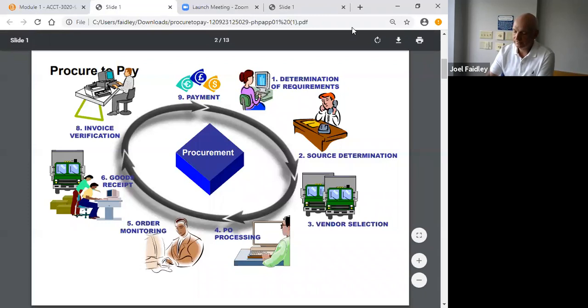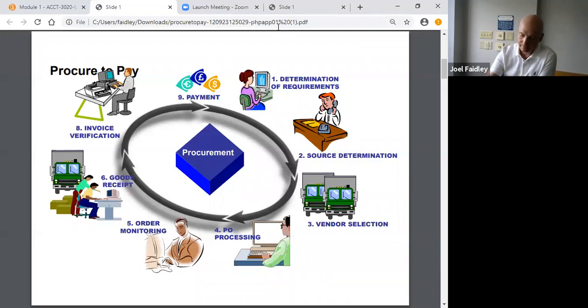Three-way match. What is a three-way match? A three-way match, what we're going to look at here is the actual purchase order, receipt, and invoice.